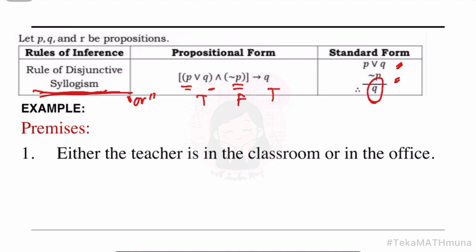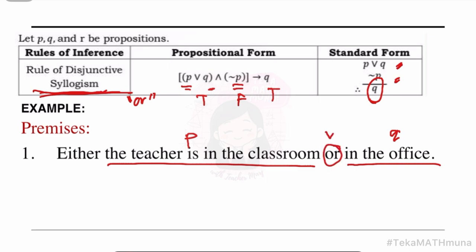Example, either the teacher is in the classroom or in the office. The teacher is in the classroom, that is proposition P. The teacher is in the office, that is proposition Q. And we use or.